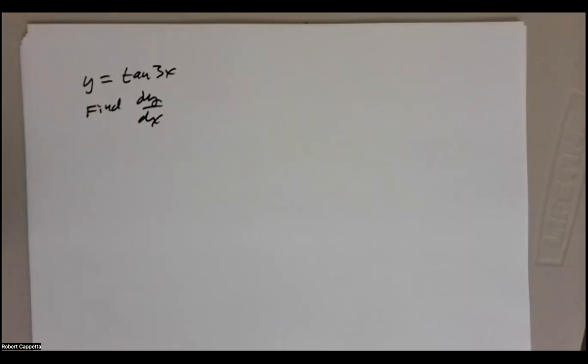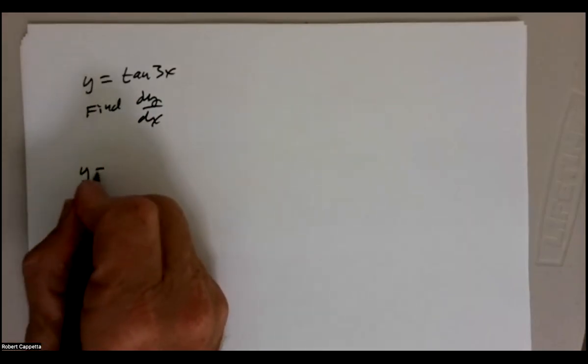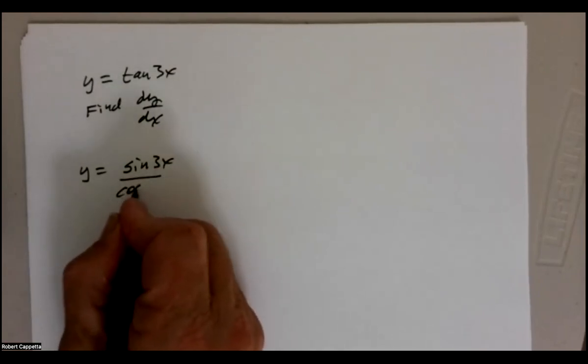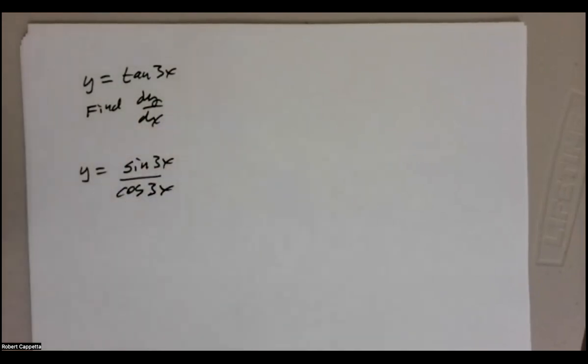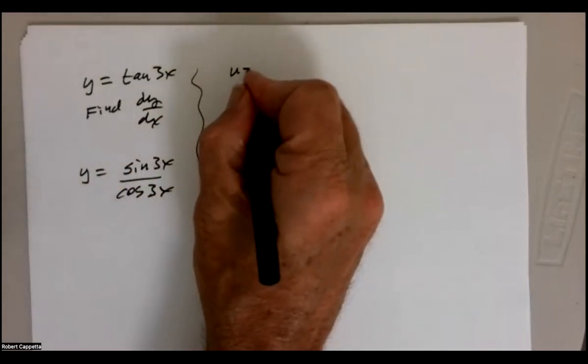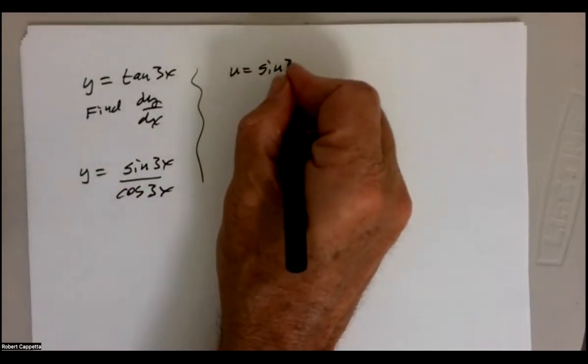So we want to use the quotient rule, so we need to remember that y is sine 3x over cos 3x. And then we are ready to use the quotient rule. What is u? What is v? All right. So u is sine 3x.